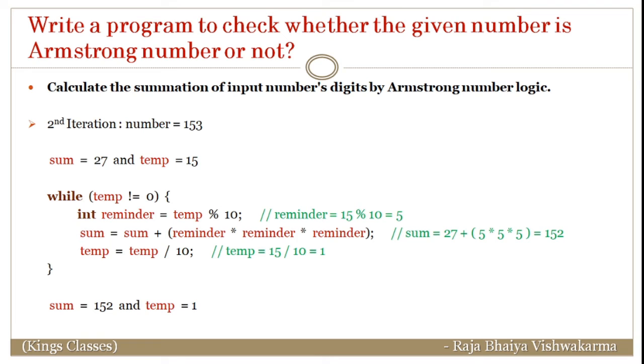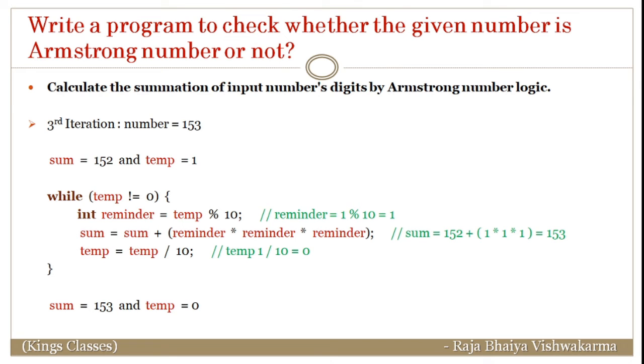Same thing we do again. We divide the temp value by 10 to remove the last digit, that is 5 in this case. Now in temp we have 1, and in sum we have 152. So this is the second iteration.